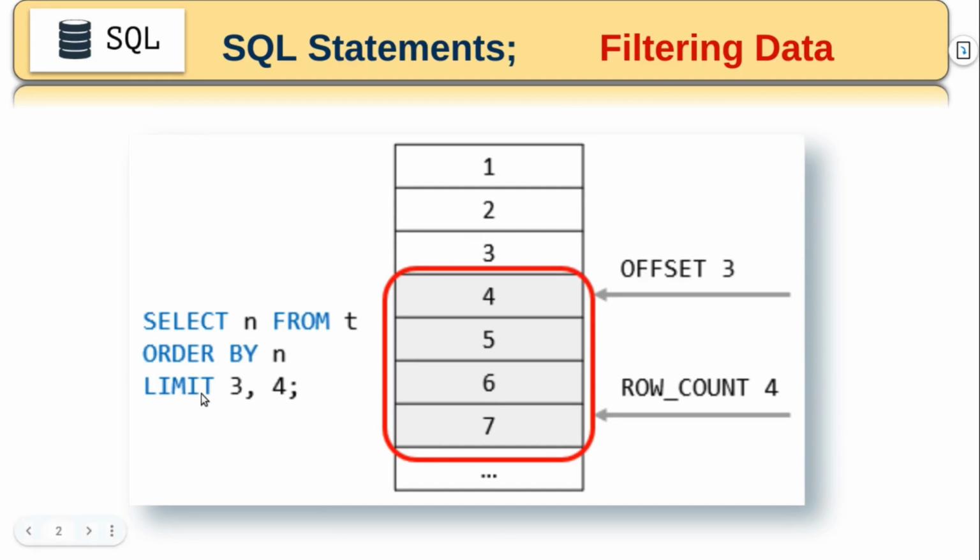What is the meaning of limit 3, 4? Please display from offset 3 the next 4 rows. As you can see in the picture, from offset 3 the next 4 rows, that means row numbers 4, 5, 6, 7, all four will be displayed according to this SQL query. I'm sure it is clear.